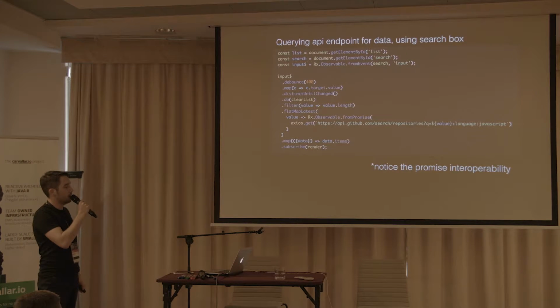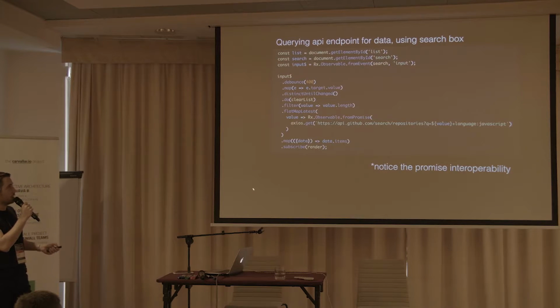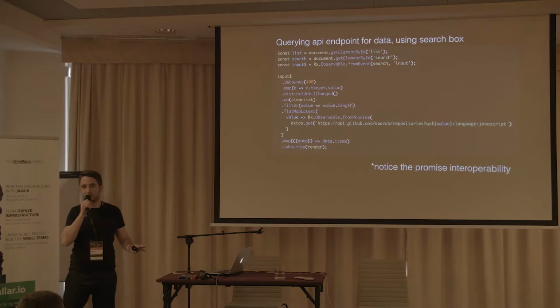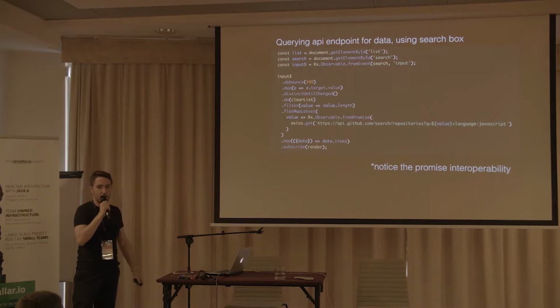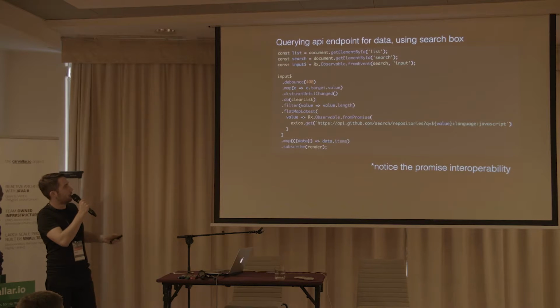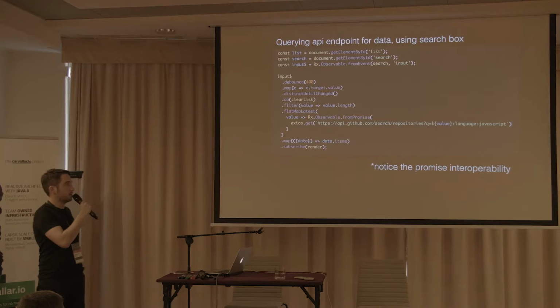The first operator, debounce, takes a parameter of 400 milliseconds, and it says to start pushing events to the next operator only after there are 400 milliseconds of no input from the stream. That's the first thing we solved here.